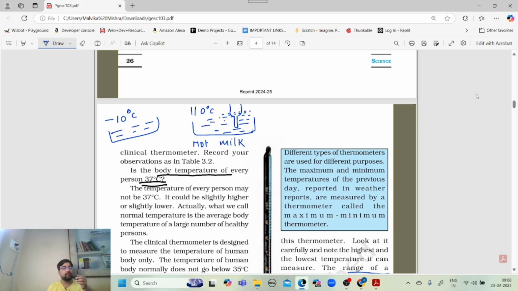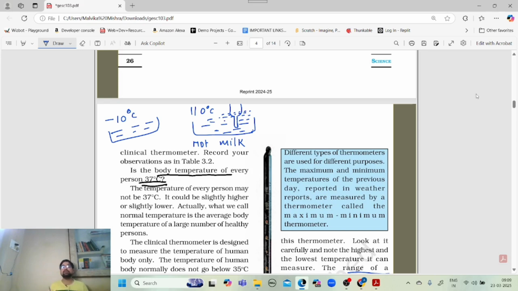You will find that the moment you have taken it out, the mercury level again starts fluctuating immediately, right, and then you will get a wrong reading. But this does not happen in the clinical thermometer, because you get the reading in the clinical thermometer by keeping it at your eye level, right.